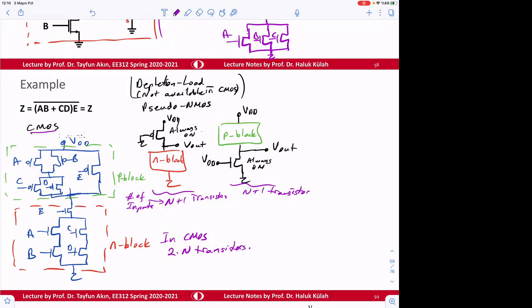But minimum size is okay. And swing will be rail to rail, and power dissipation will be 0.